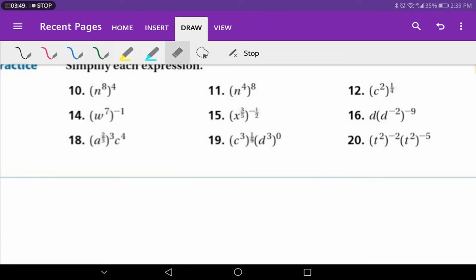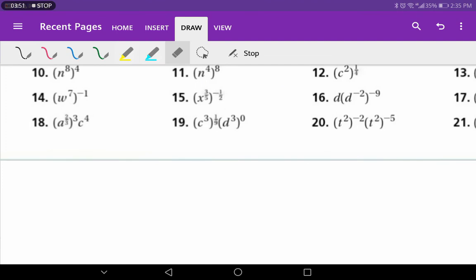Let us do more. 15. It is 3 over 5 multiplied by -1 over 2. As you see, we do it beside here. 3 over 5 multiplied by -1 over 2. I know the answer must be negative, so I erase this. The 1 over 2 here, not all.